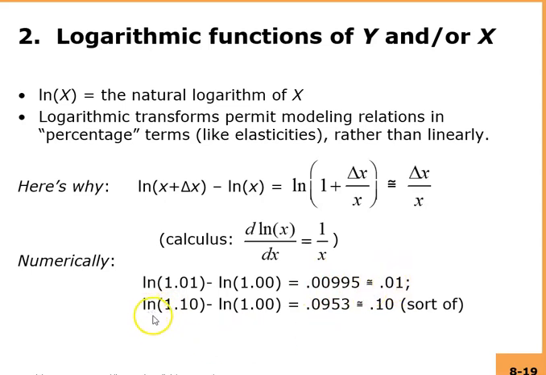Similarly, if you look at the log of 1.1 minus the log of 1, it would mean that the initial value of x is 1, and the change in the value of x is equal to 0.1. It turns out that this is very close to 0.1, actually equal to 0.0953. But as a rough guide, this is the beauty of using the logarithmic functions, because it can basically tell you the percentage change, meaning the change in x divided by the initial value of x.